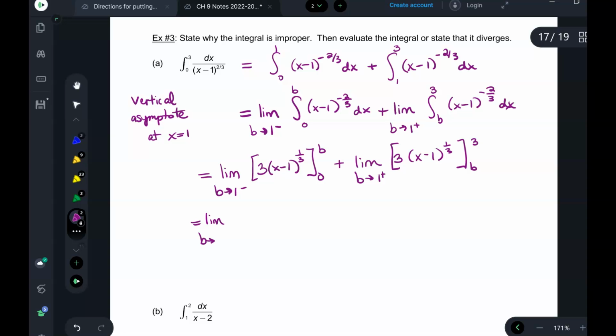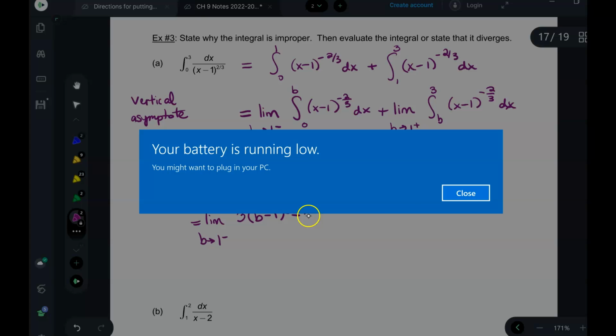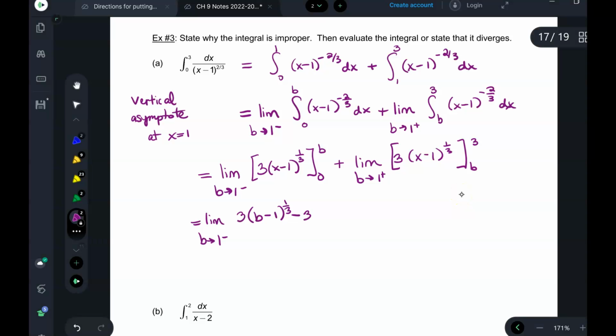And now writing it all out, so we'll have 3 b minus 1 to the 1/3 minus, looks like I gotta plug it in, 3 times 0 minus 1 to the 1/3 plus, oops, let me put my limit in there. Limit as b approaches 1 from the right.